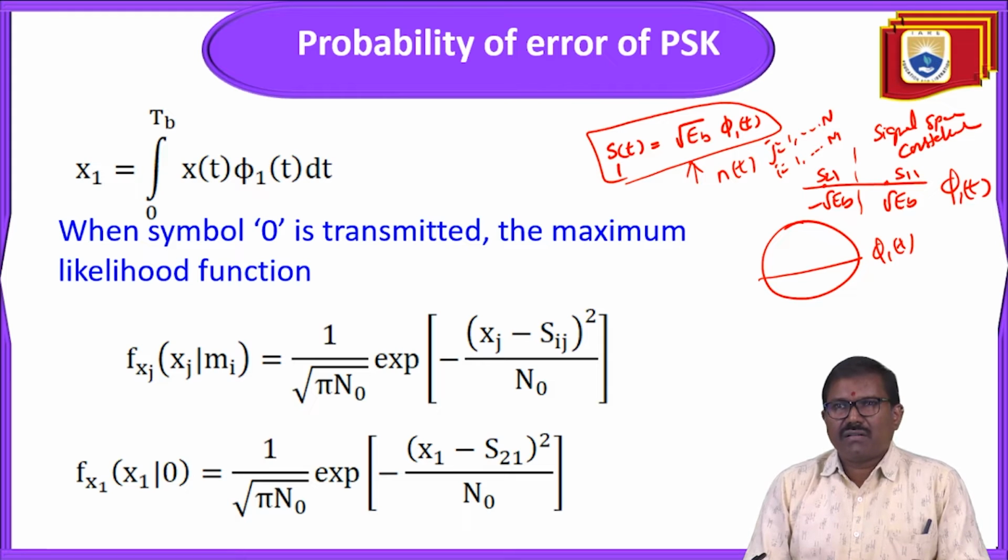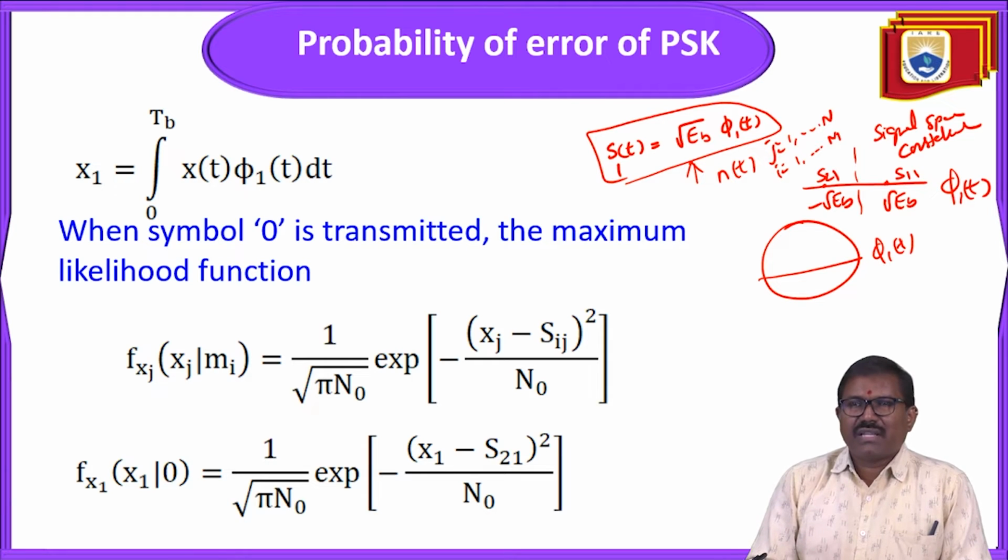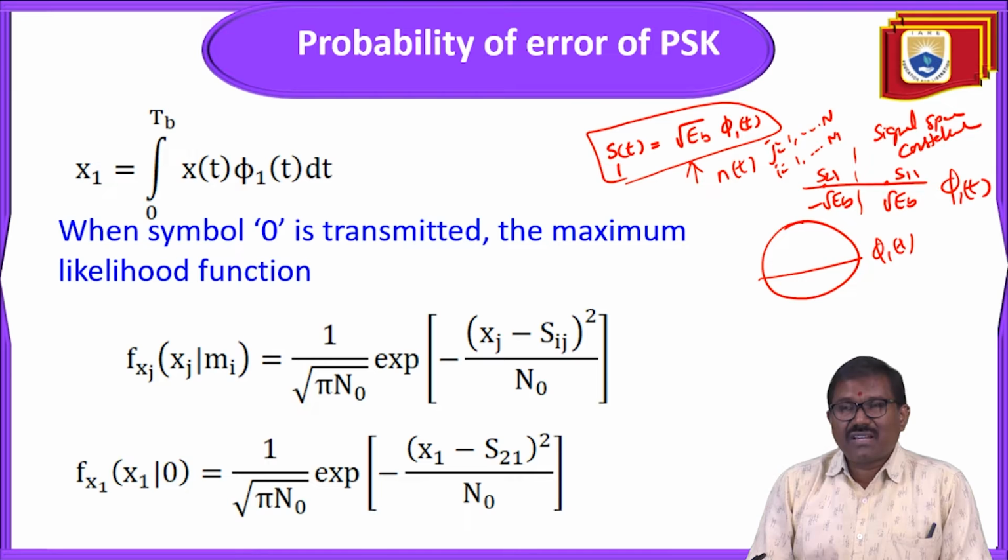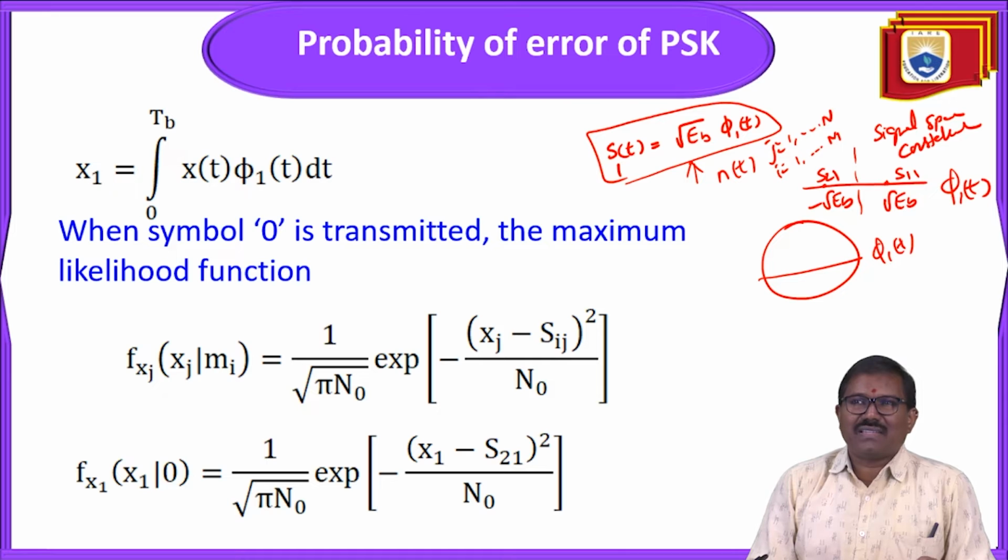In the maximum likelihood function, exponential of xj minus Sij whole square. Here xj is the observation vector you receive, minus Sij, that is a signal vector.